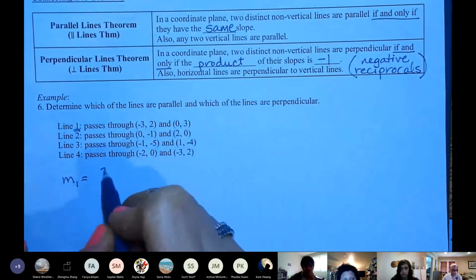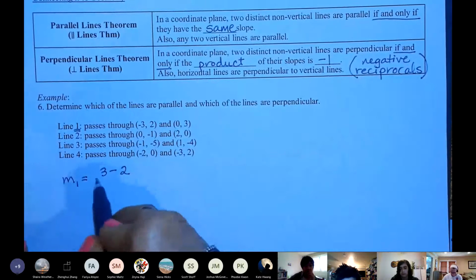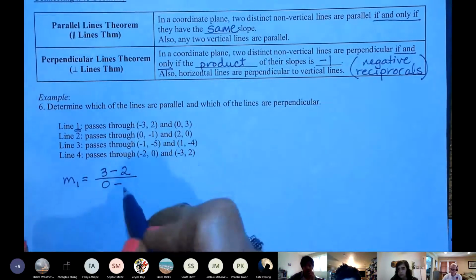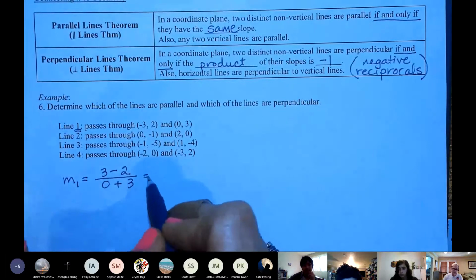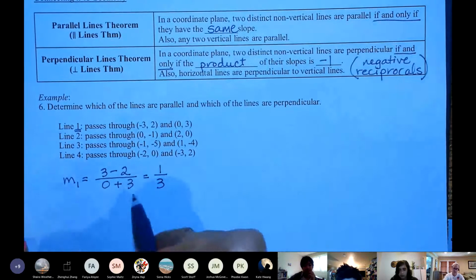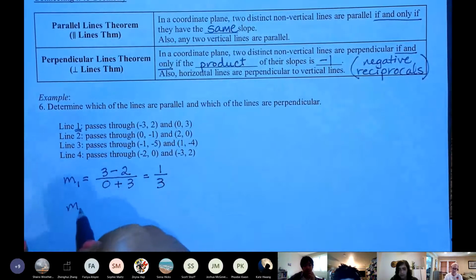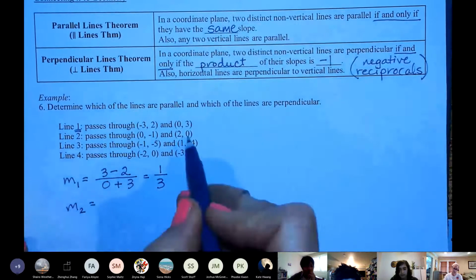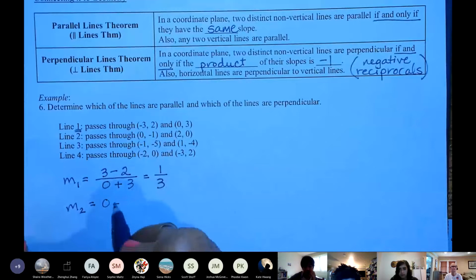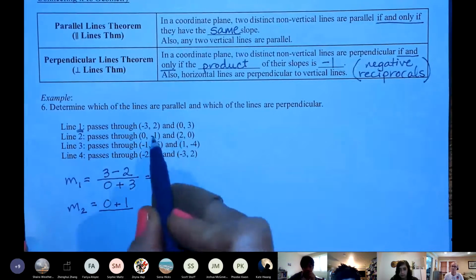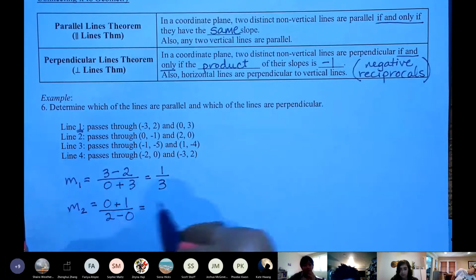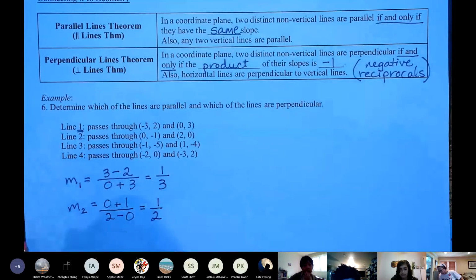So y2 is 3, y1 is 2, x2 is 0, x1 is -3, so I'm going to add 3. And that gives me (3 minus 2) over 3. Now for line 2, I'm going to call it m sub 2. Let's start with my y's. 0 minus -1 over 2 minus 0. So that's going to give me 1 on the top and 2 on the bottom.